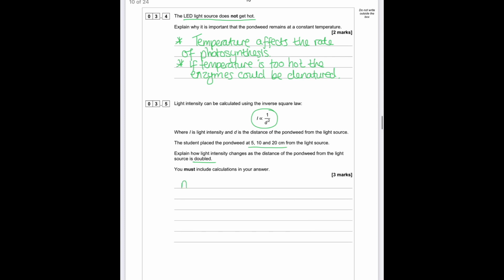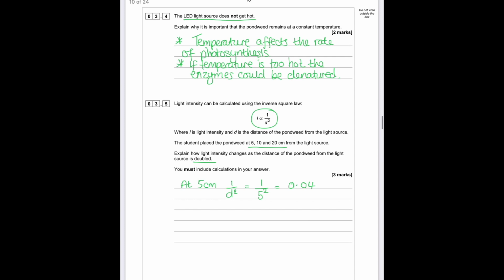So if we say at 5 centimetres, using the equation, 1 over d squared, we would get 1 over 5 squared, and that would give us 0.04.